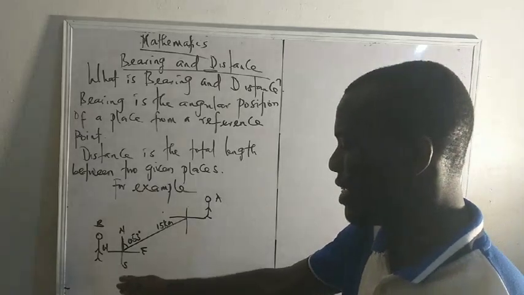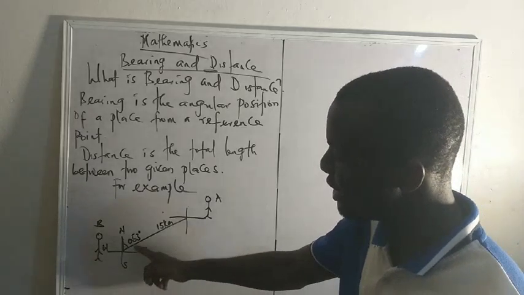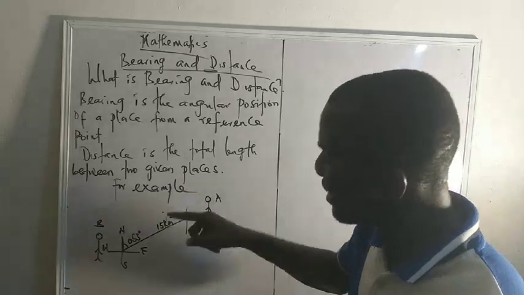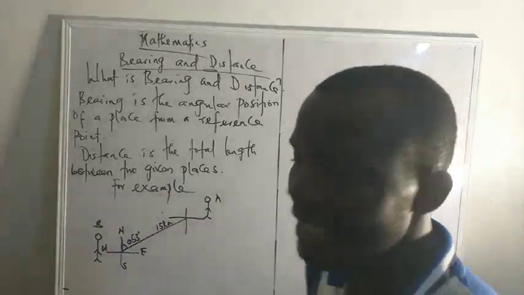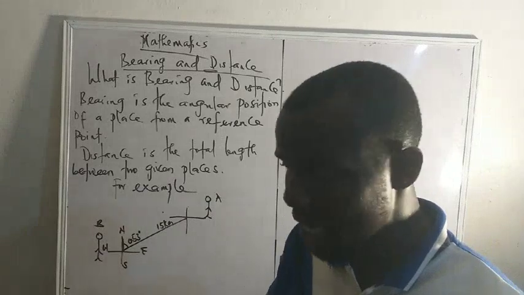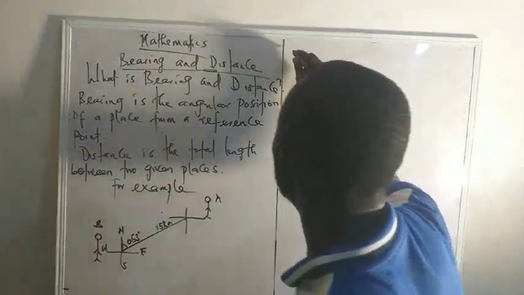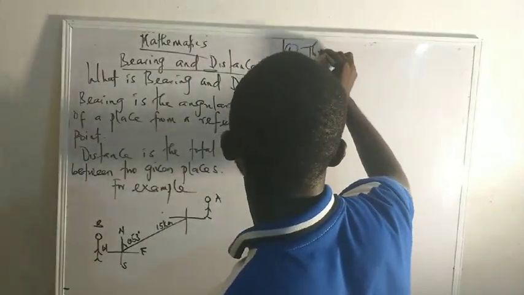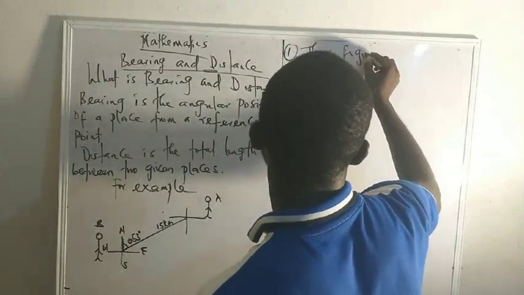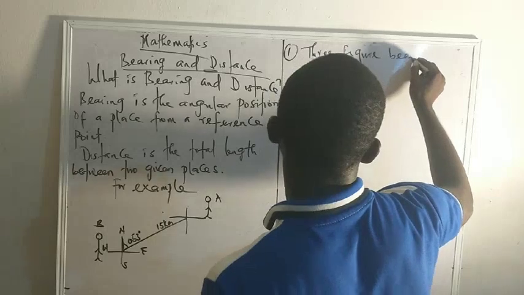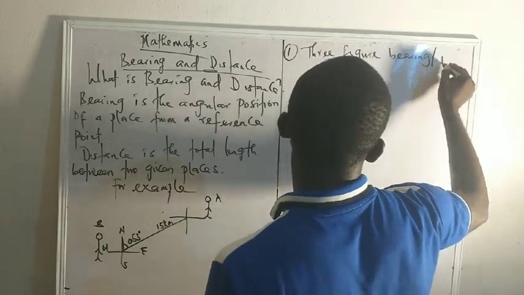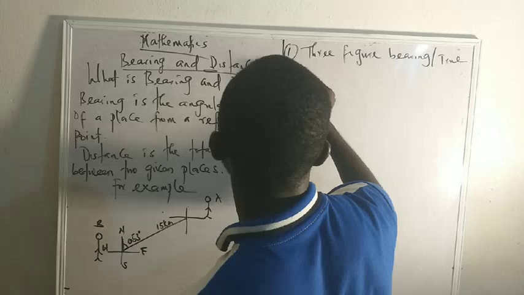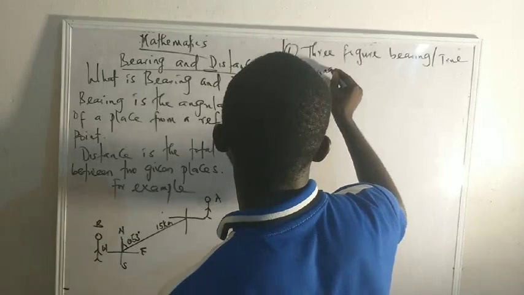This is just an example, and you find out that I did not just write 53, I wrote 053. That tells us that bearing is in two forms. Alright? Bearing is in two forms. Number one, we have the three-figure bearing, otherwise known as true bearing.